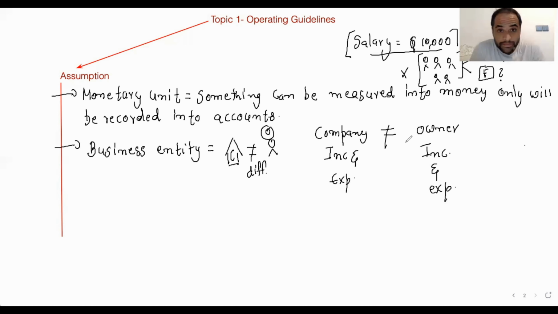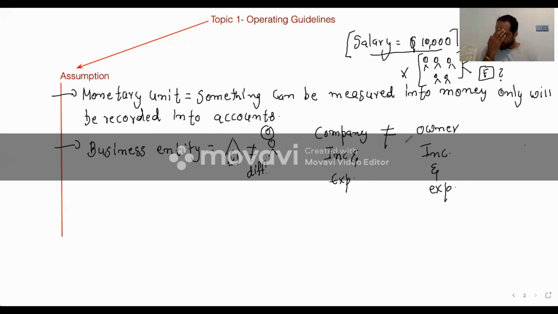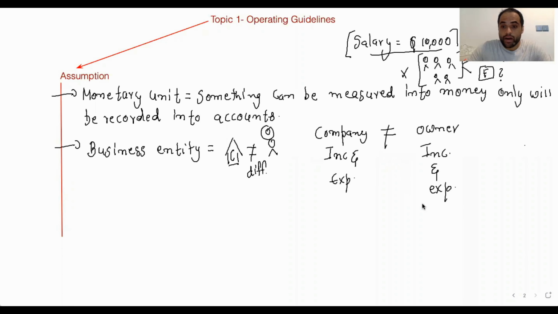Can you do that? No, of course not, because this is your personal expense, not a company expense. That's the meaning of owner expense is not company expense.